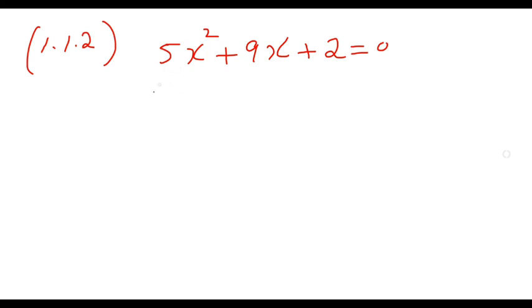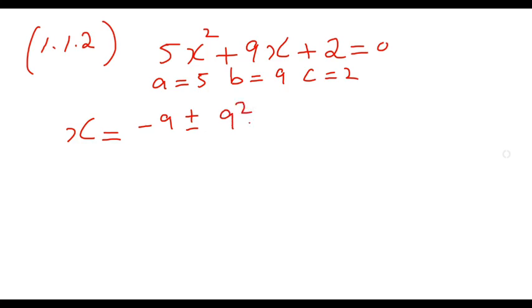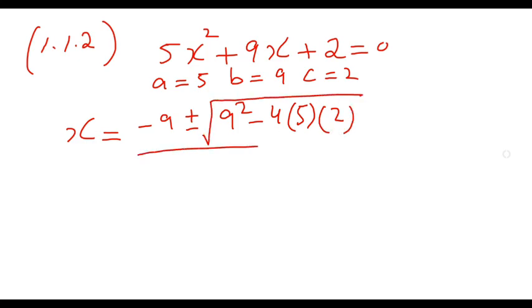Your a is equal to 5, b is equal to 9 and c is equal to 2. So the quadratic formula, x is equal to negative 9 plus or minus the square root of 9 squared minus 4 multiplied by 5 multiplied by 2, over 2 multiplied by 5. You can use the information sheet as well if you don't understand.